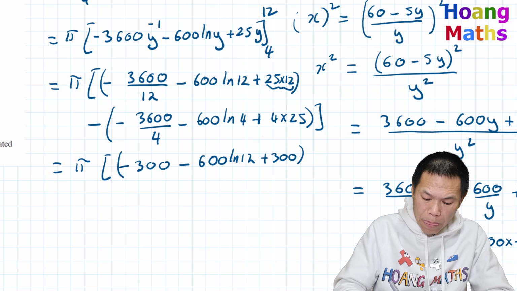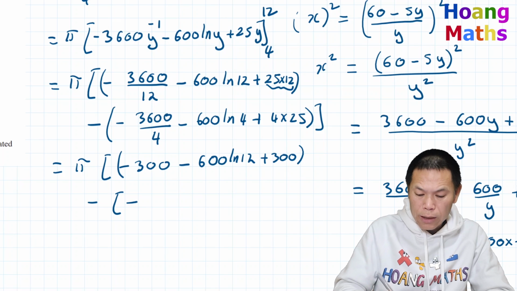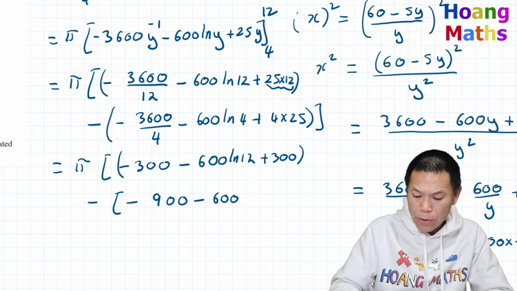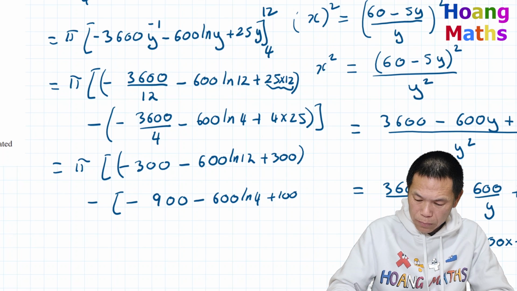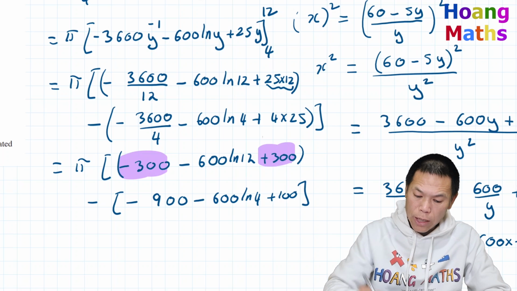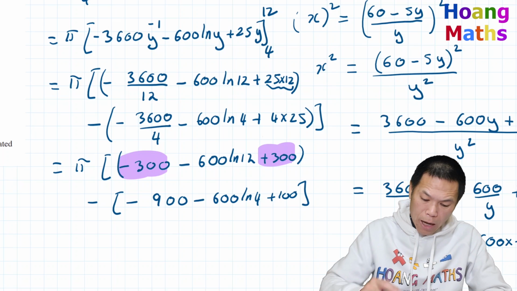And that becomes minus -900, and then we minus 600 ln 4 and plus 100. So now these two 300s cancel out, okay? So that becomes like this.